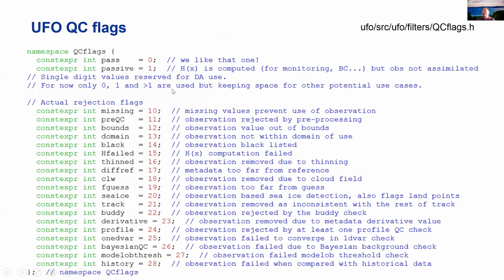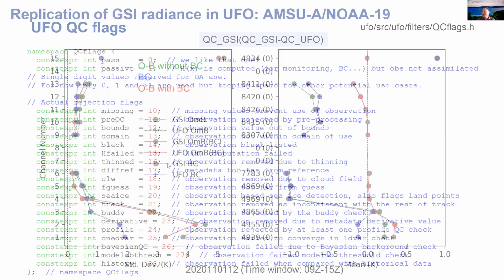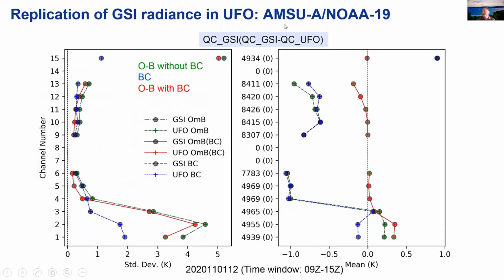And also for the UFO QC flags, there is the UFO filter QC flags header that specifies which QC flags reflect which QC steps. And here I also show for the MSOA, we also have fully replicated the GSI capability.